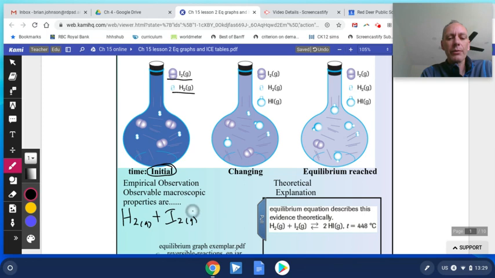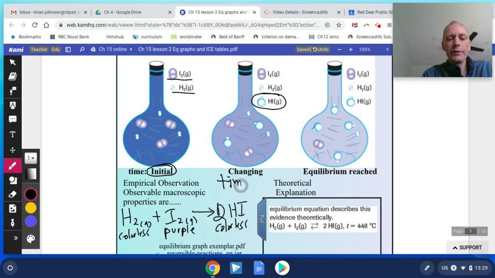As the reaction moves forwards, we get some hydrogen iodide forming, and hydrogen iodide is colorless, the same as hydrogen. Iodine is, we'll call it purple for this demonstration. So colorless reacts with purple to make colorless. You can see as time moves forward, as the reaction progresses, the flask becomes lighter in color as it forms colorless hydrogen iodide and uses up the purple iodine.